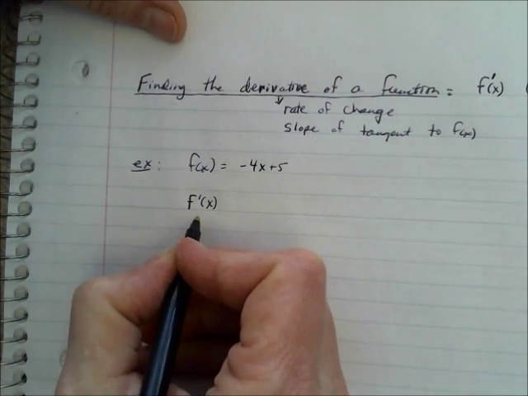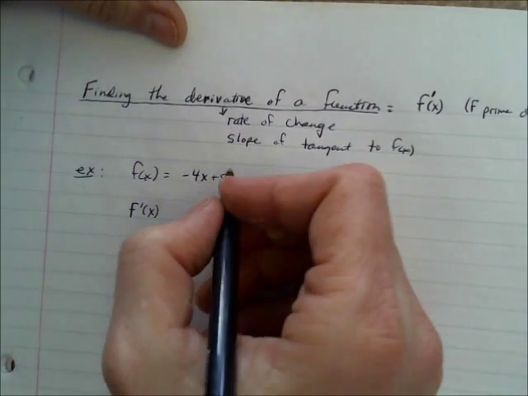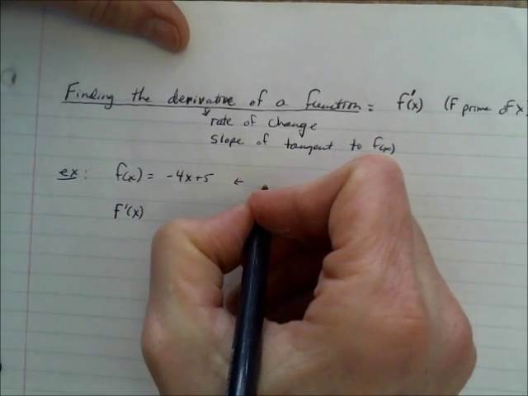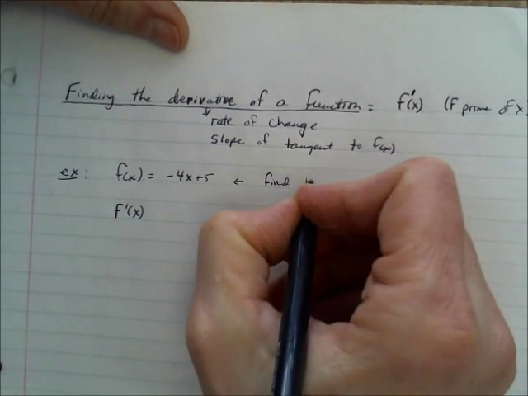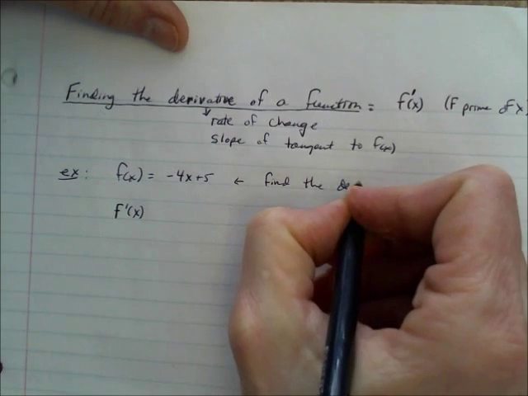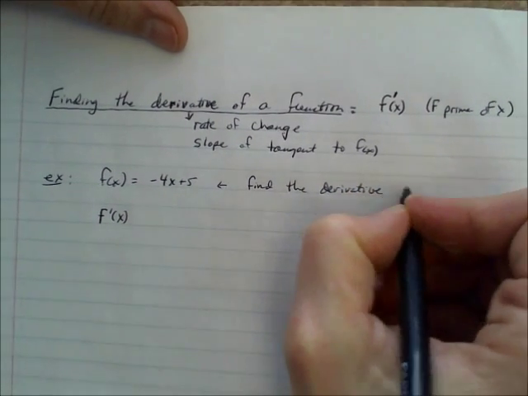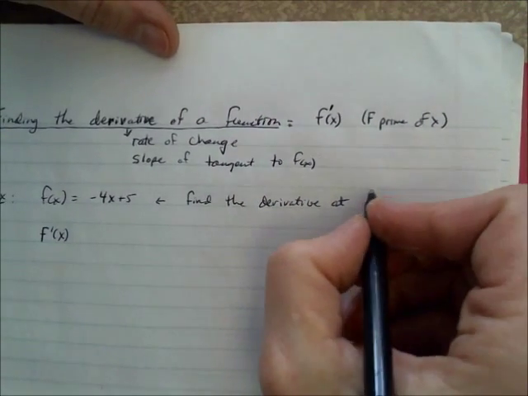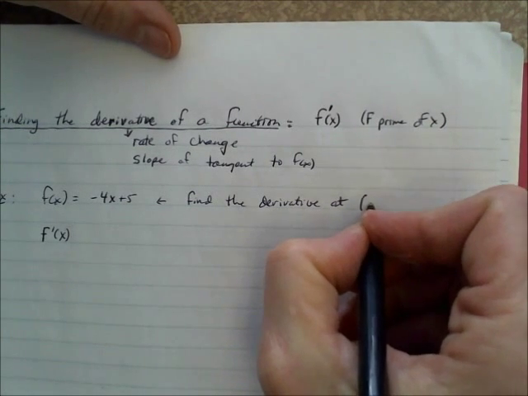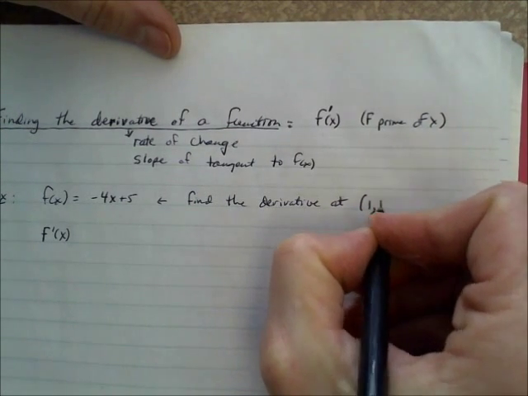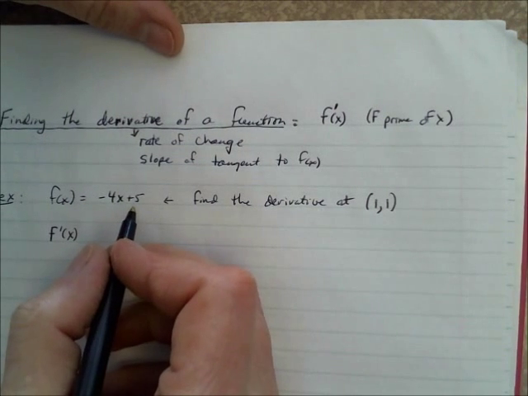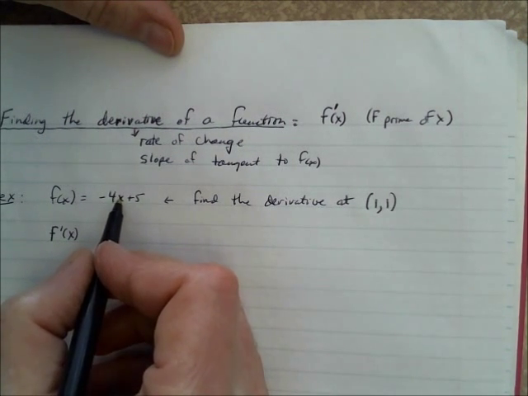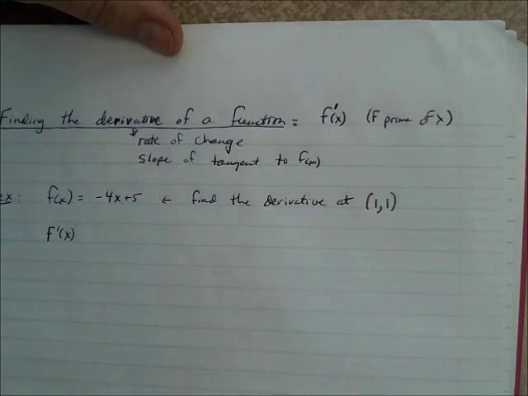And f prime of x, the derivative of the function, let's see, there's f of x. I'm going to say find the derivative at the point on the graph, let's say 1, 1, because 1, 1 would be on this graph. If you let x equal 1, the y value also equals 1.